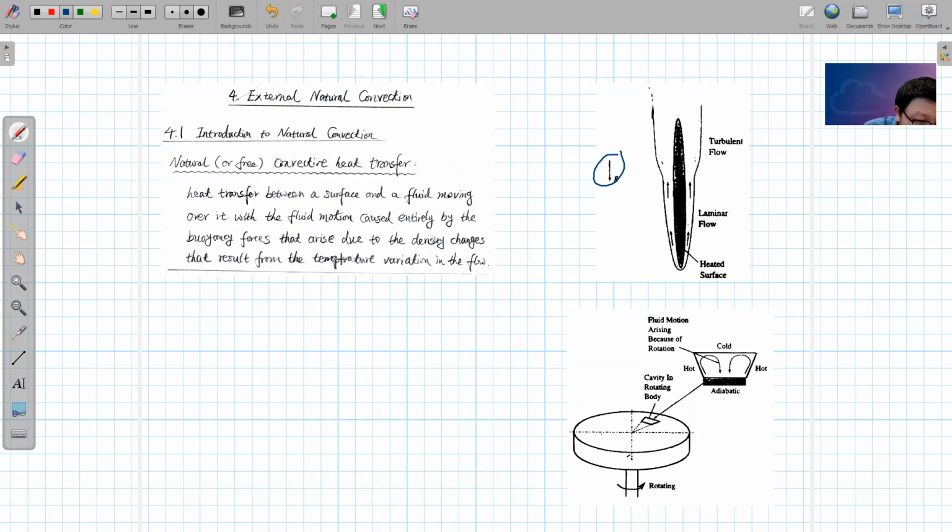So basically, for natural convection, we need a driving force.